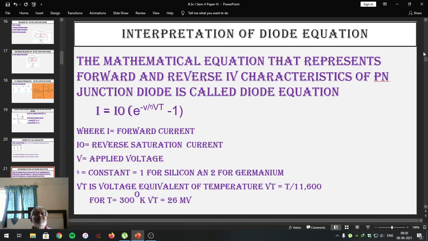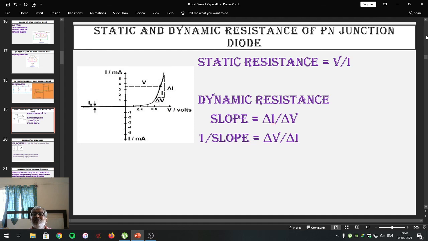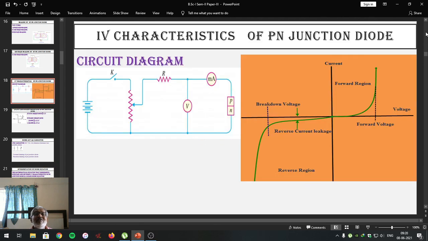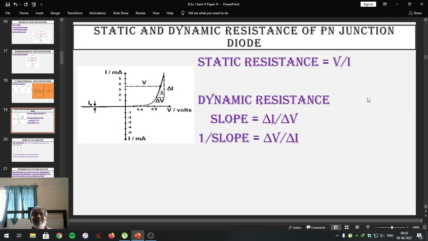Dear students, today we have studied a lot of aspects of the PN junction diode. One is the IV characteristics of the PN junction diode, how those are plotted, what kind of circuit diagram is used, and how it is represented. Then we defined the static and dynamic resistance of the PN junction diode, again using the IV characteristics.